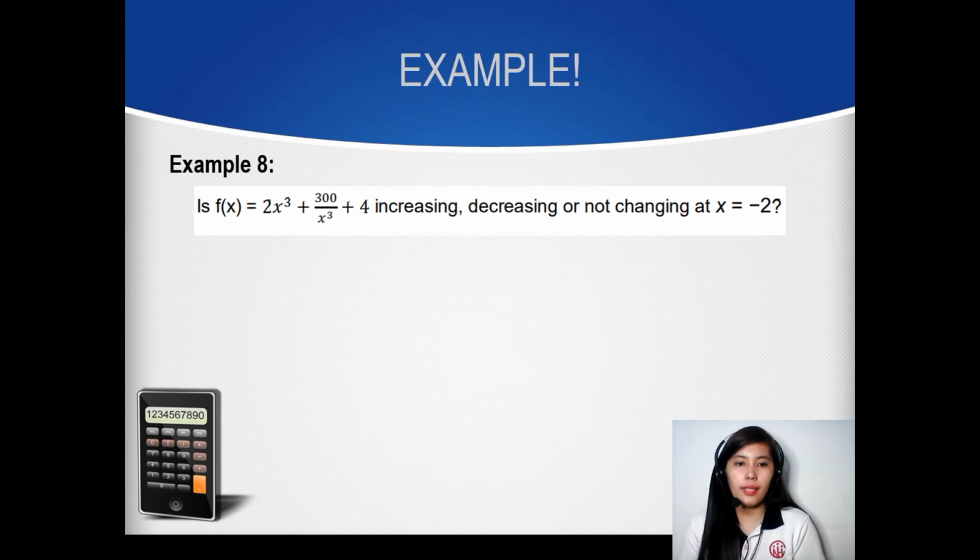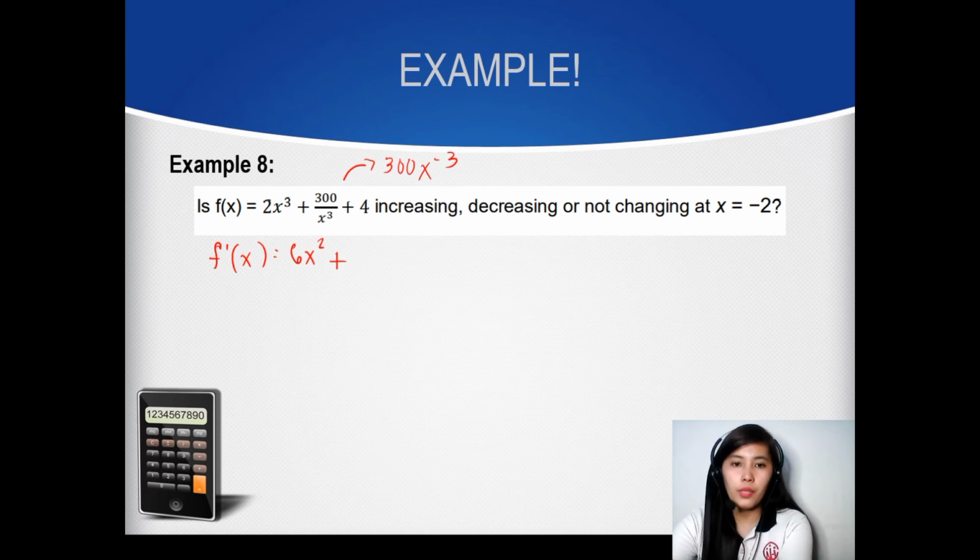Next is f of x equal to 2x cubed plus 300 over x cubed plus 4. Is it increasing or decreasing or not changing at x equal to negative 2? So to answer this, we'll have to get the derivative. So this is f prime of x equal to 6x squared, because 2 times 3 is 6, then x squared, plus 300 over x cubed, that is the same as 300 x raised to negative 3.